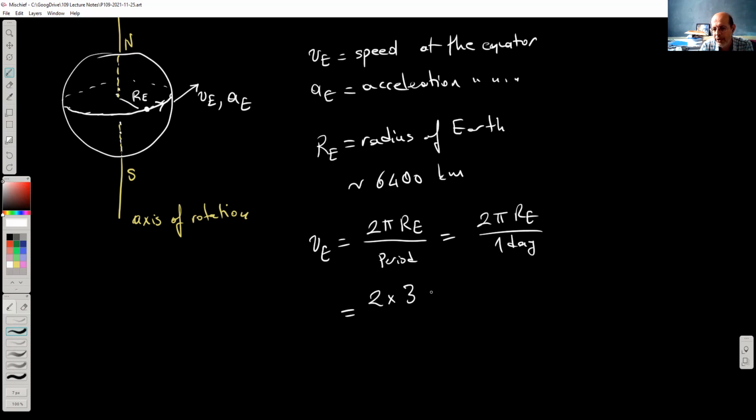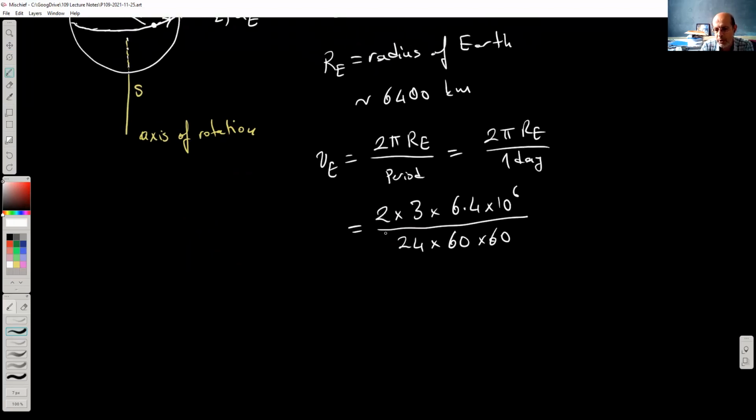So I'll take pi to be equal to 3. The radius of the Earth is like 6.4 times 10 to the 6. 1 day is 24 hours. An hour is 60 minutes, and a minute is 60 seconds. It is hard for me to compute this, so I'm just going to compute it approximately. I know that this is 6, that's going to give me 1/4. So that's about like 6 in here.